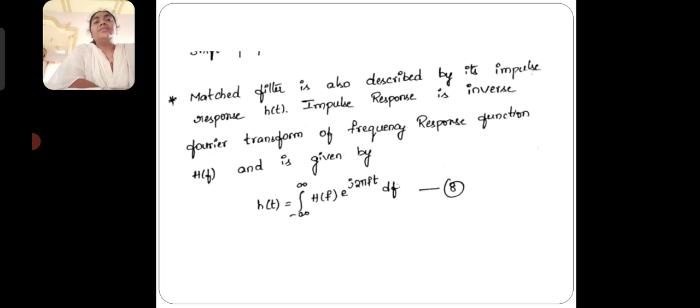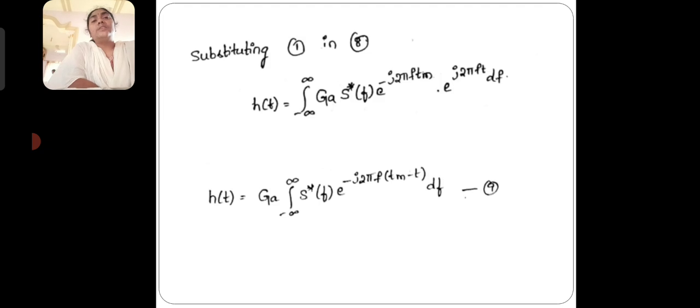The matched filter is also described by its impulse response h(t). The impulse response is the inverse Fourier transform of the frequency response function H(f) and is given by h(t) = integral from minus infinity to infinity of H(f) e^(j2πft) df. So, substituting equation 1 in equation 8.